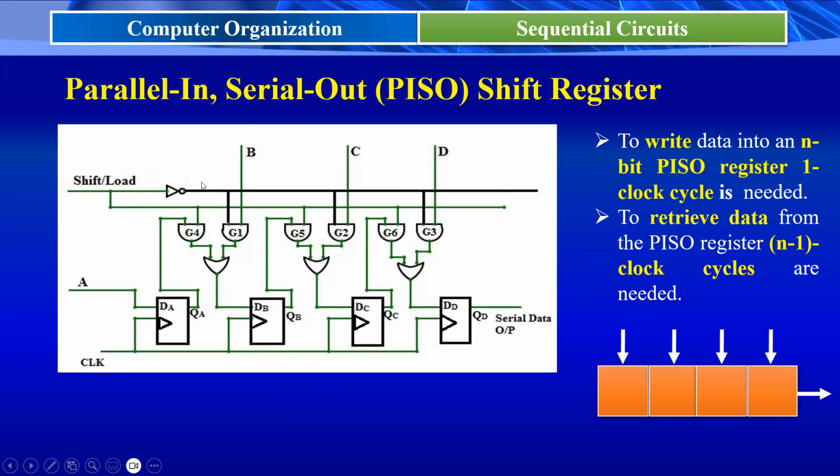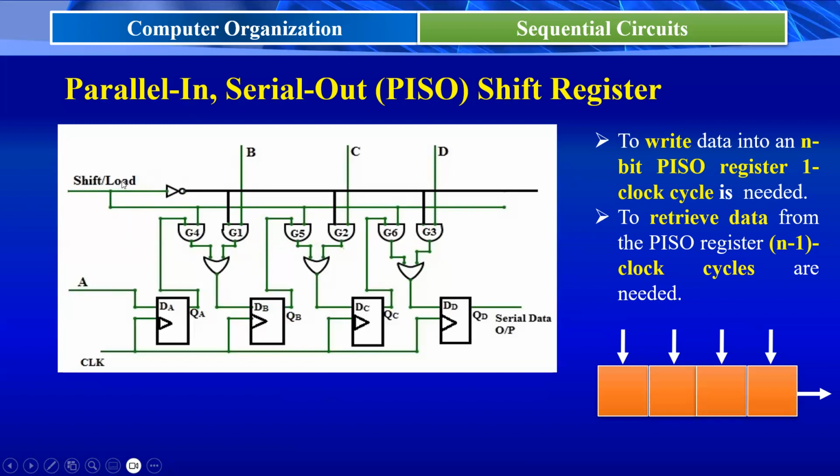If it is 0, the output of the NOT gate is 1, so the second input for gate 1, gate 2, gate 3 is equal to 1. So the output of gate 1 here is B, here is C, and here is D. At the same time, gate 4, gate 5, gate 6 produce logic 0. Why?